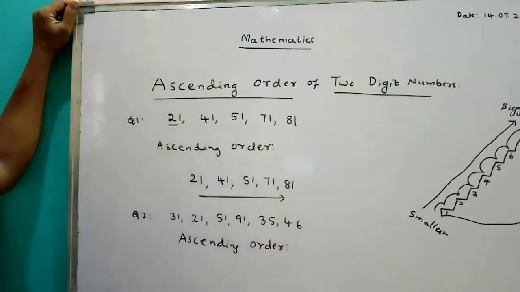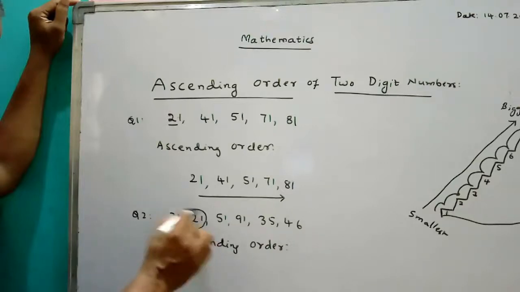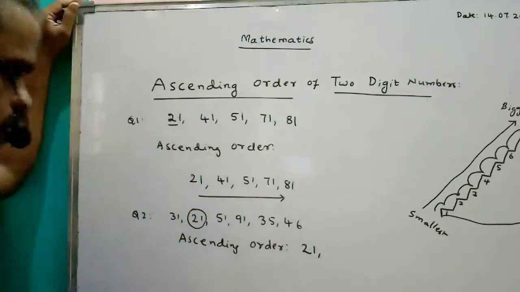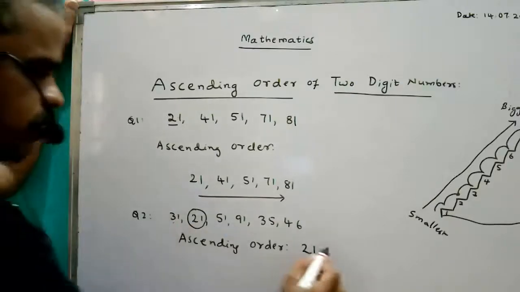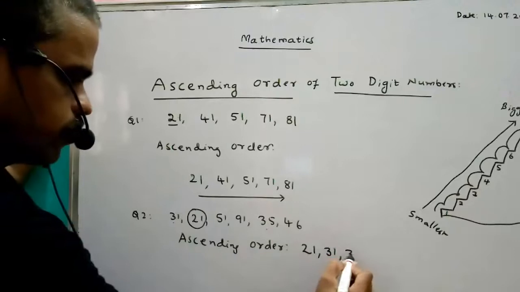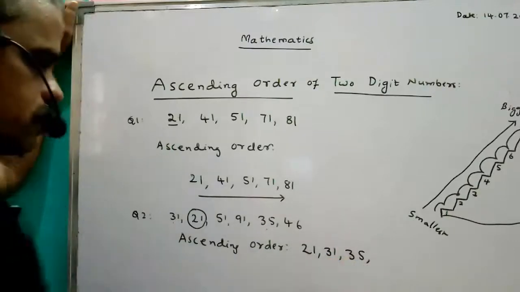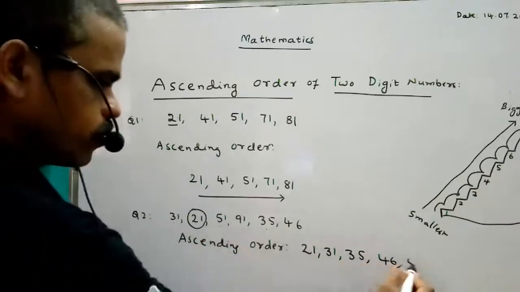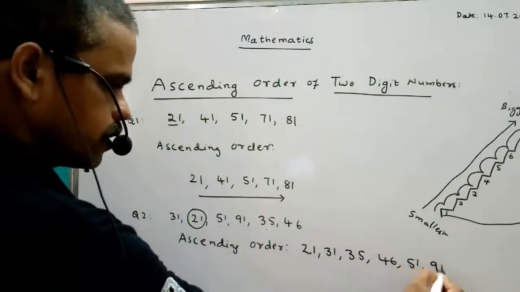It starts from the smallest number here. Which is the smallest here? I think 21 is smallest. Write this one. 21 first. Next 31. Next 35. Next 46. Next 51. Next 91.